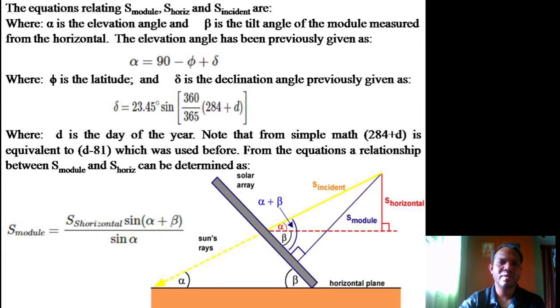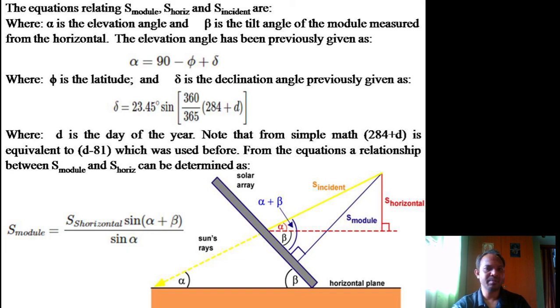Now, the equations relating the module, horizontal and incident radiation are given with alpha as the elevation angle and beta as the tilt angle of the module measured from the horizontal. The elevation angle has been previously given as alpha equals 90 minus phi plus delta, where phi is the latitude and delta is the declination angle.